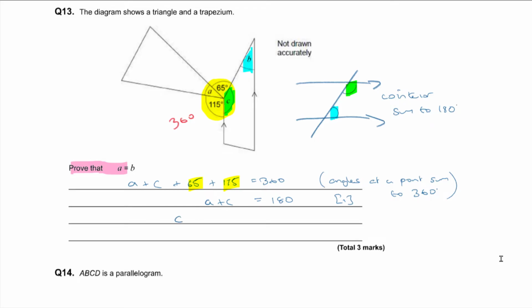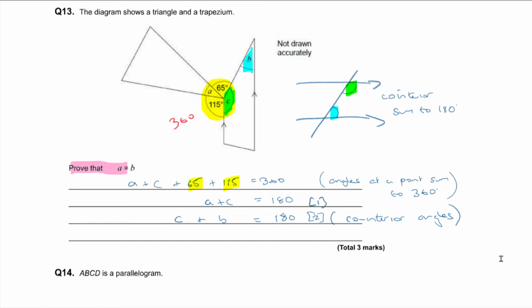And I can say that C plus B is equal to 180, and that's because we've got co-interior angles. Okay, and so I've got two equations. Let's call that equation 2. Just budge that along, it looks a bit neater. So I've got equation 1 and equation 2.